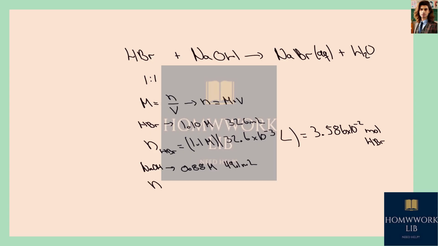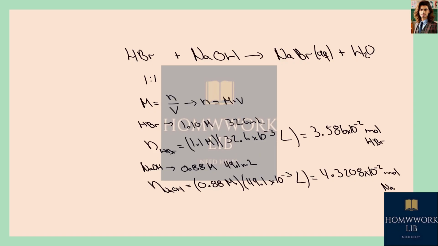So the amount of moles of sodium hydroxide in solution is going to be 0.88 molar times 49.1 times 10 to the minus 3 liters, which gives 4.3208 times 10 to the minus 2 mole of NaOH. With this information, we can see that we have an excess of NaOH, so the limiting reagent is going to be HBr.